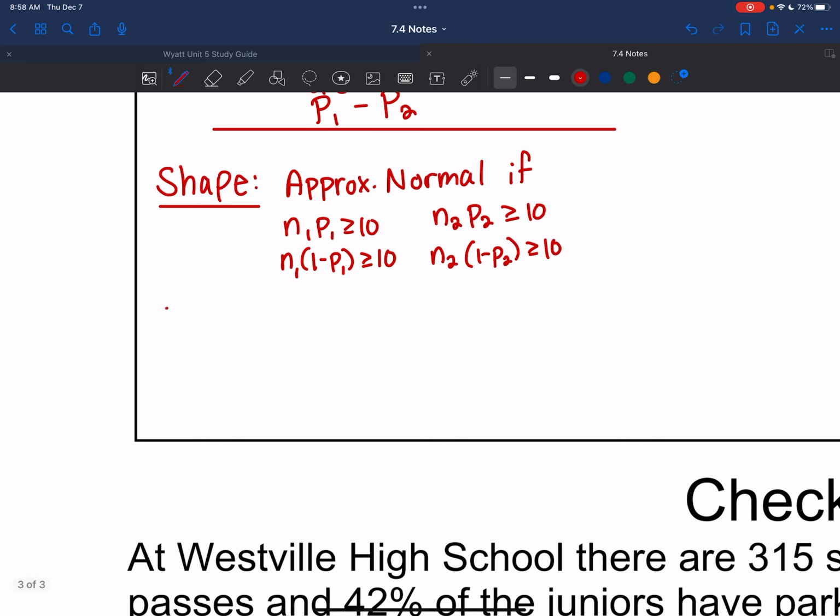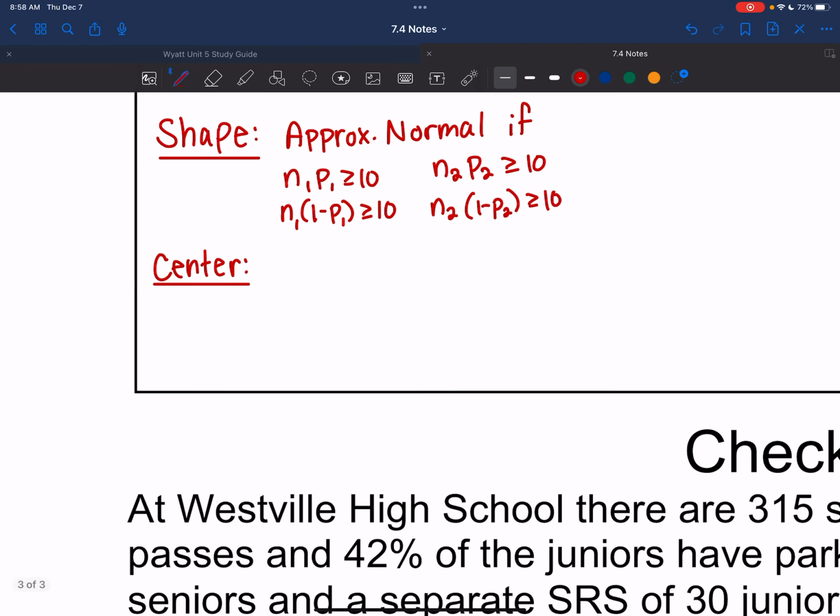For the center, the mean, mu sub p hat 1 minus p hat 2, is just going to be equal to p1 minus p2, whatever the assumed true value is.